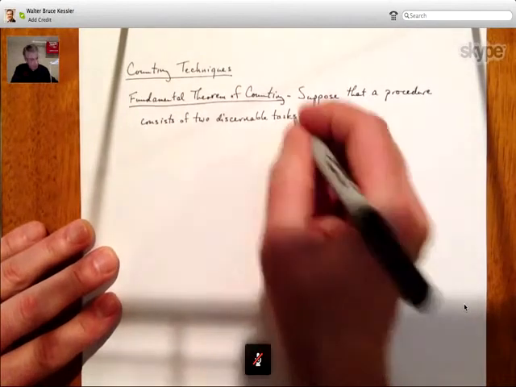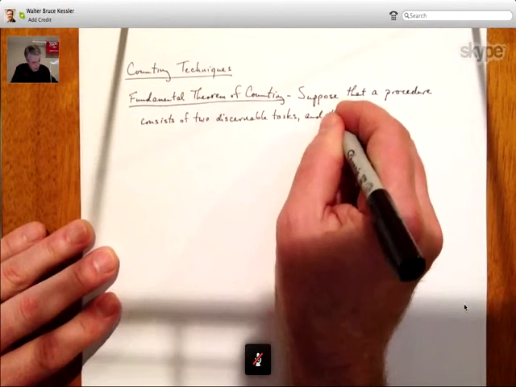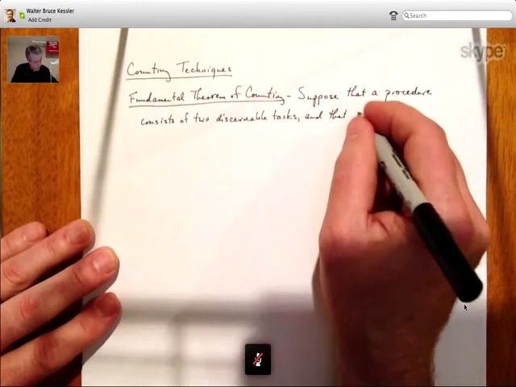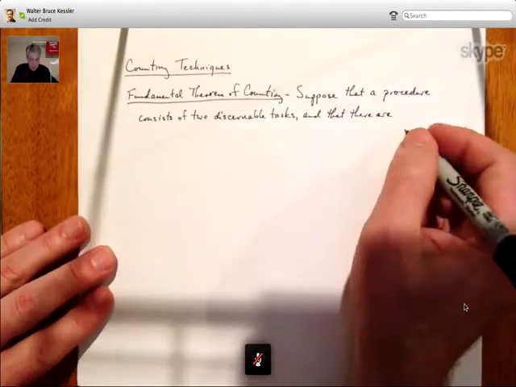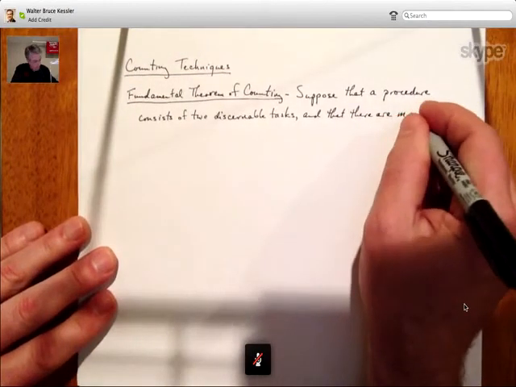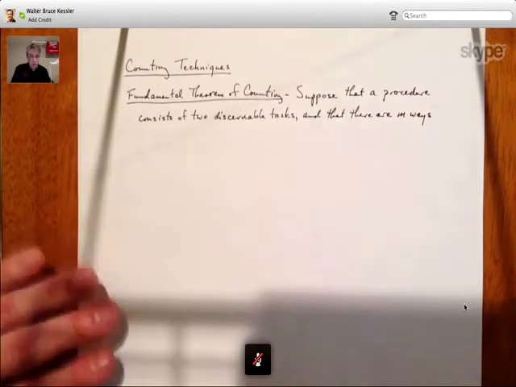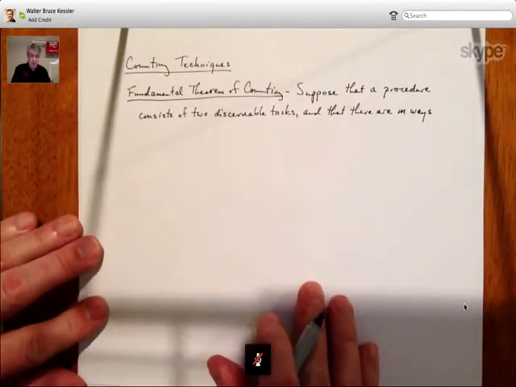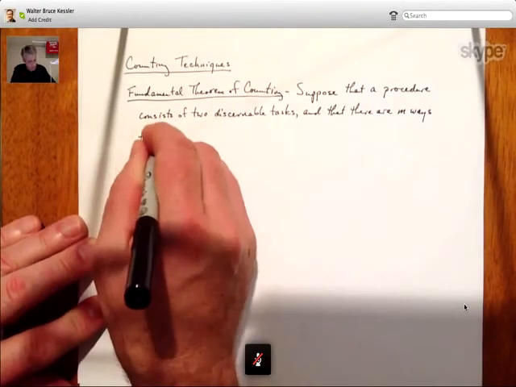That means you can tell them apart. And that there are M ways to do the first task. I'm sorry about shaking the table a little bit.